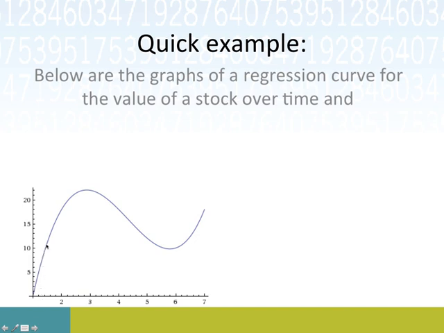Now, if you're thinking perfectly accurately, these values might flatten out when the stock market's not in session, but we'll just remember that this is a regression curve over time. And the main thing to think about is that at any given point, there is a stock value. So there's no gaps horizontally between these things.